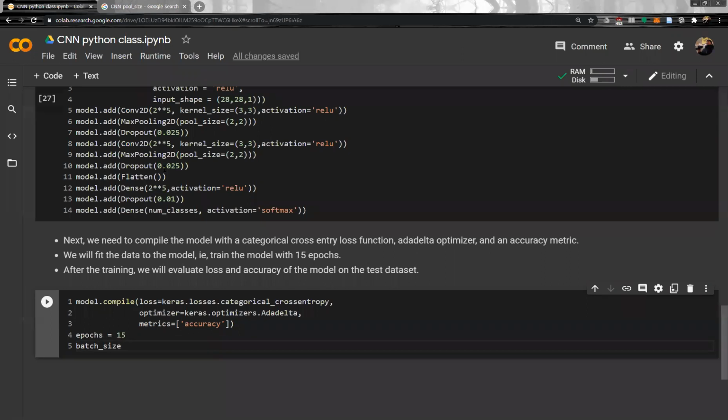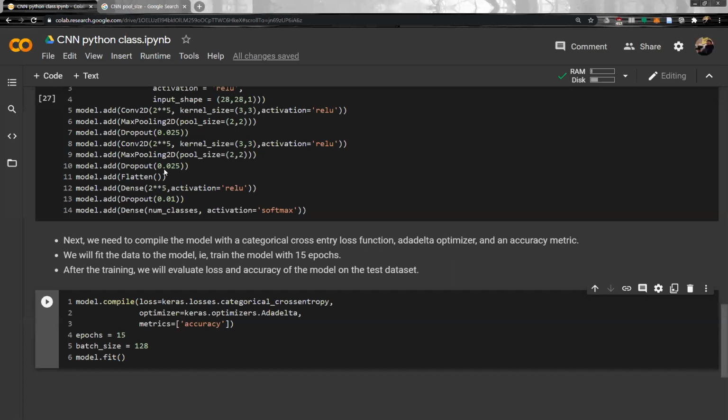For each training, we will feed this number of data. Okay. And then we will fit the model. So model.fit.